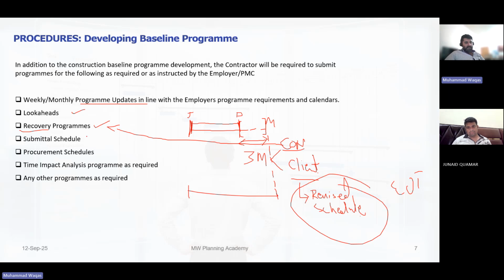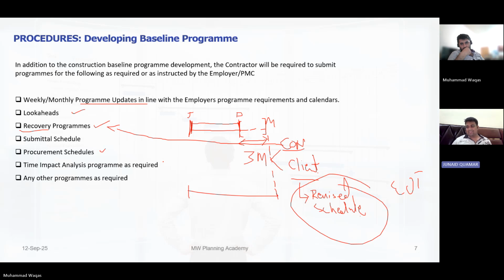Then they will ask you to give a submittal schedule like engineering schedule, procurement schedule, and so on. That may be the case if we submit some drawing, and due to their internal processes, or maybe someone is on leave or transferred to some other country, the approval of the drawing, which would be 21 days, has jumped to 3 or 4 months. If we do not have any clear specification or approved drawing, we cannot start the procurement.